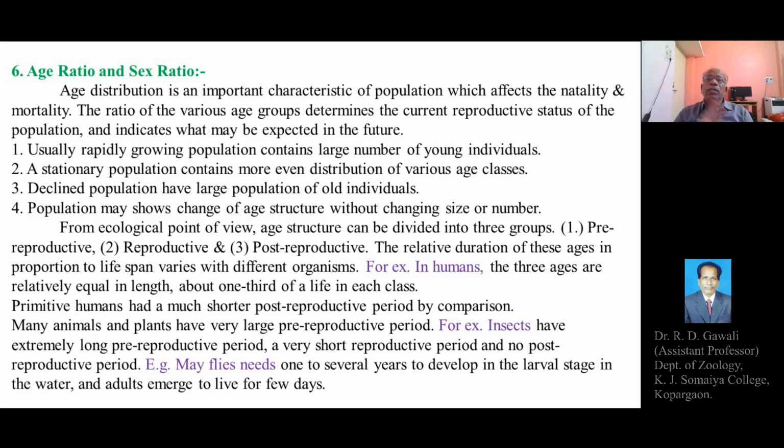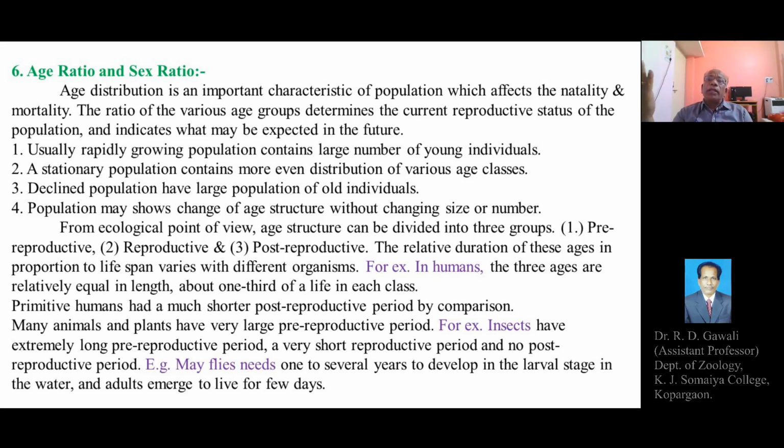Compared with the total lifespan in human beings, it is about one third of a life in each class.